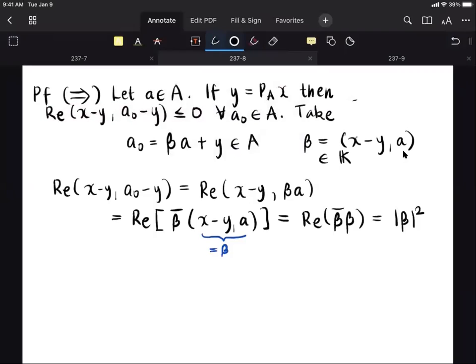So we conclude that this must be 0, or equivalently, beta must be 0. But what is beta? Beta is the inner product of x minus y with a. And again, since a is an arbitrary element of your subspace, this is valid.